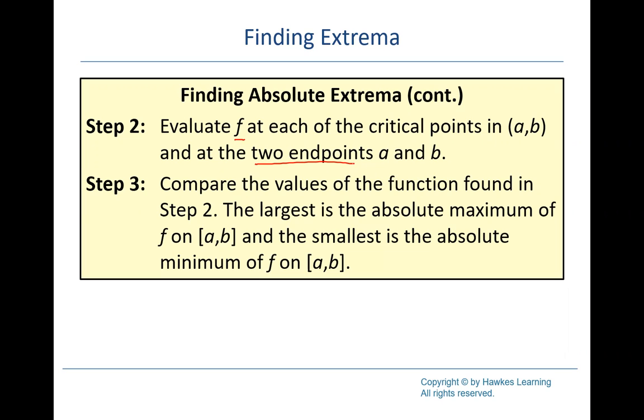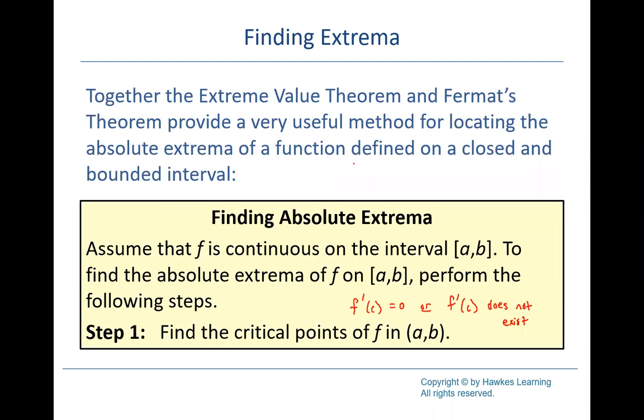So one more time, just to recap. Given a function on a closed and bounded interval, we will start by differentiating that function and then solving for where that derivative equals 0 and where that derivative is undefined. This will be the hard part of these problems.